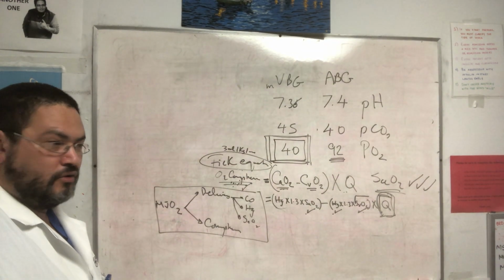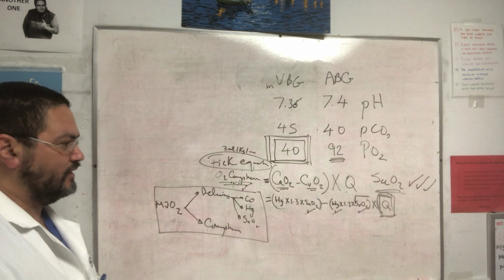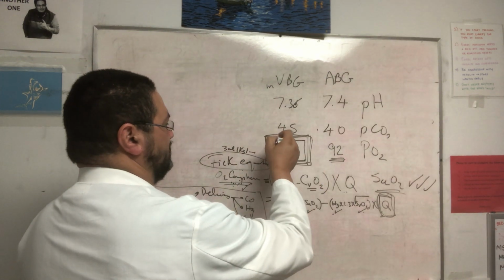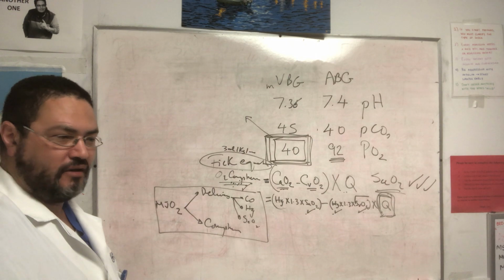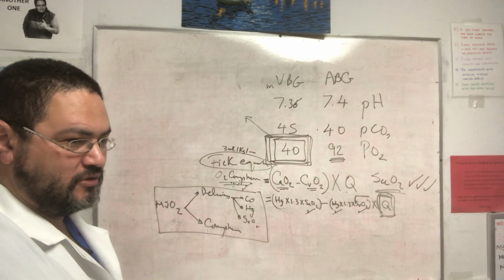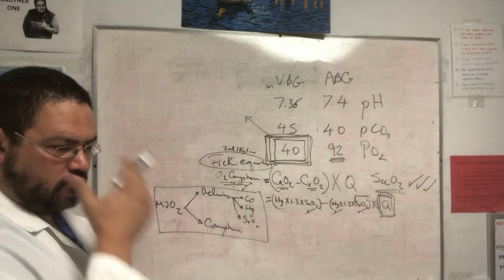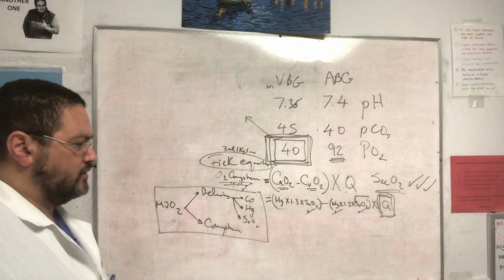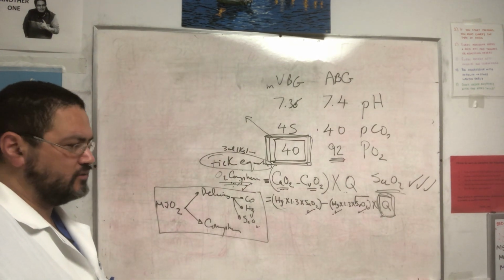Okay? So by saying that, that means what? That means that this number is gold. That's what Emmanuel Rivers based his early goal-directed therapy on, right? For sepsis, we know this number can tell you an idea about the cardiac output.